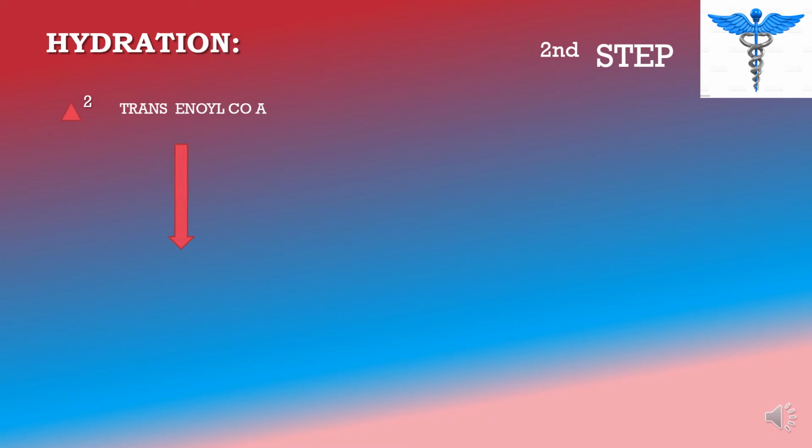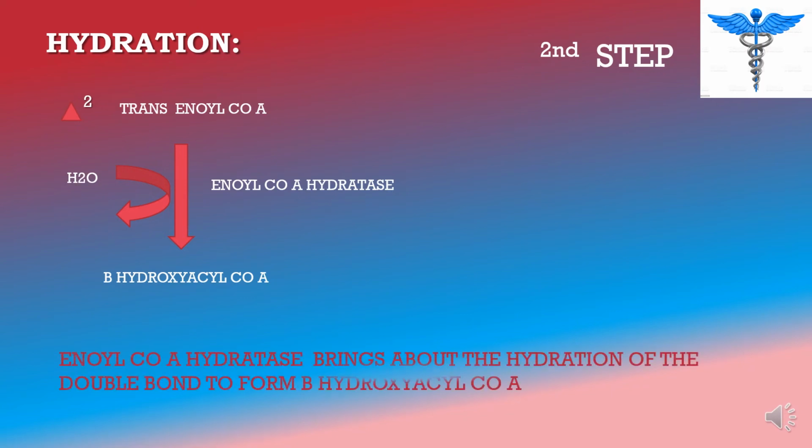It is hydrated and converted into beta hydroxyacyl coenzyme A by an enzyme, enoyl coenzyme A hydratase. It is to remember over here that enoyl coenzyme A hydratase brings about the hydration of the double bond to form beta hydroxyacyl coenzyme A.